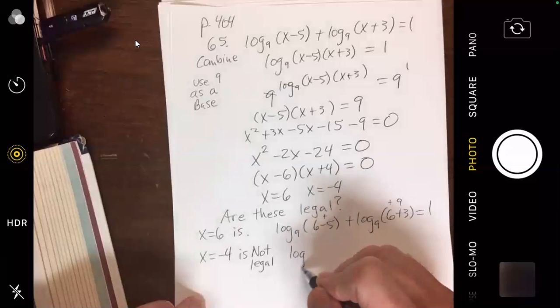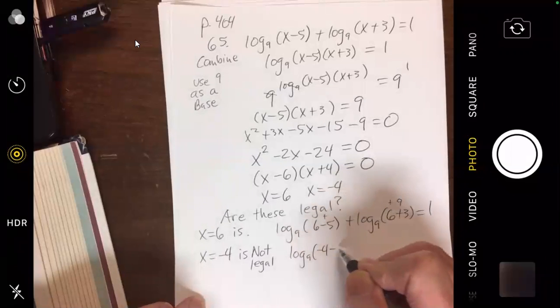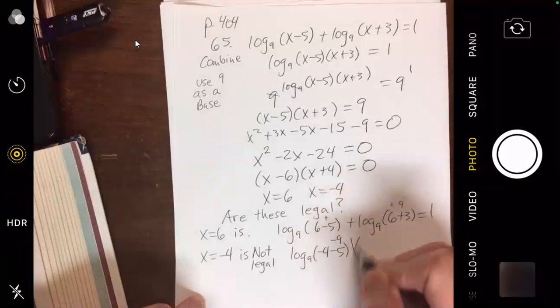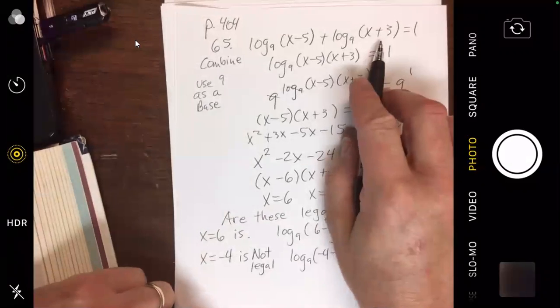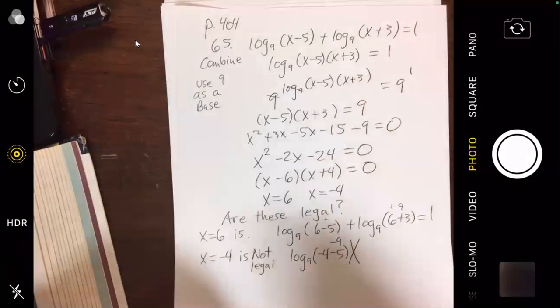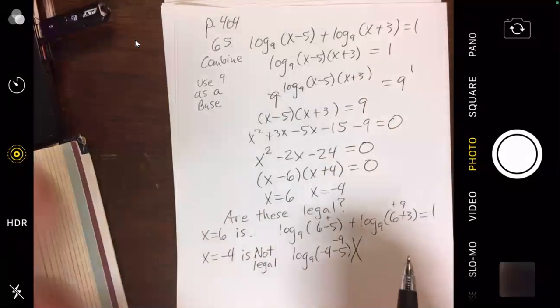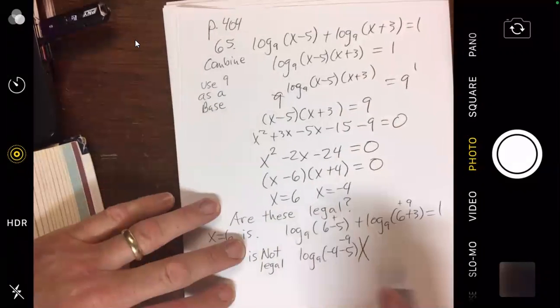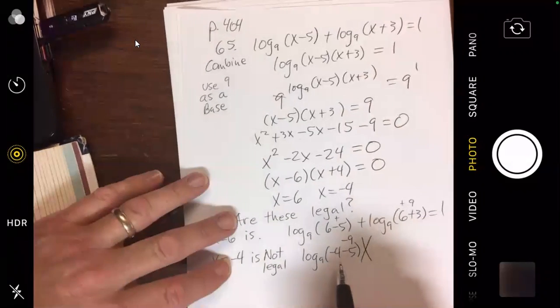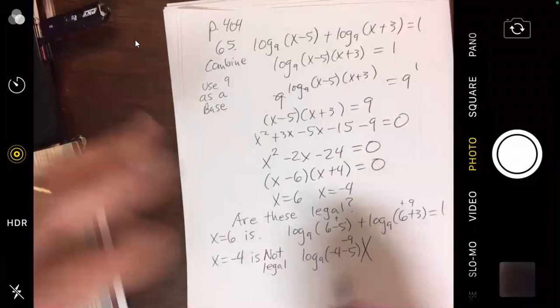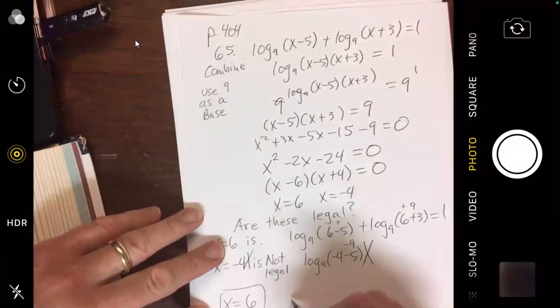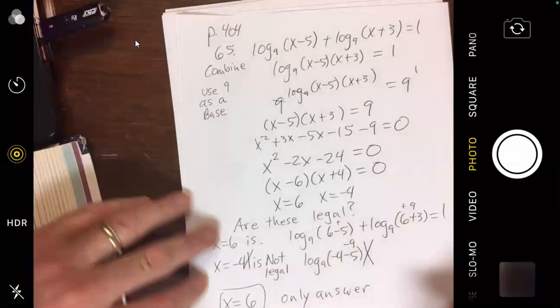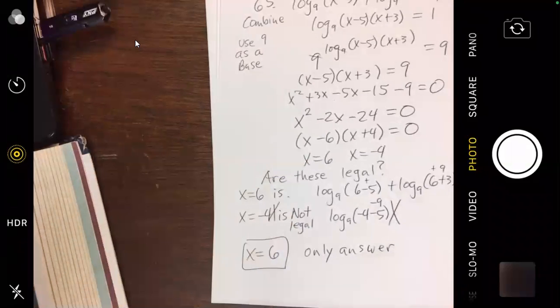You have log base 9 of negative 4 minus 5. That's negative 9. You don't even need to check the rest of it. But you can, it doesn't work in this one either. It gives you negative there, but that doesn't matter. Even one spot where it's illegal, there's no finite number coming out of this that could possibly check. So x equals 6, only answer. You have to watch for that.